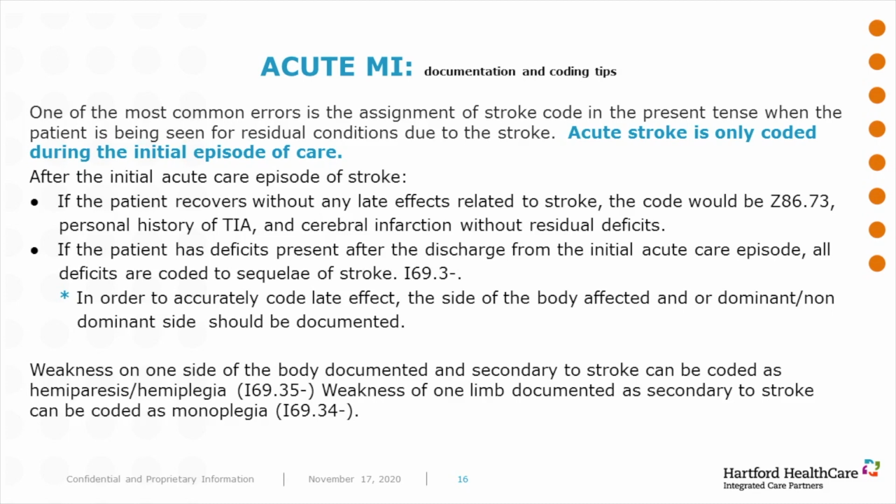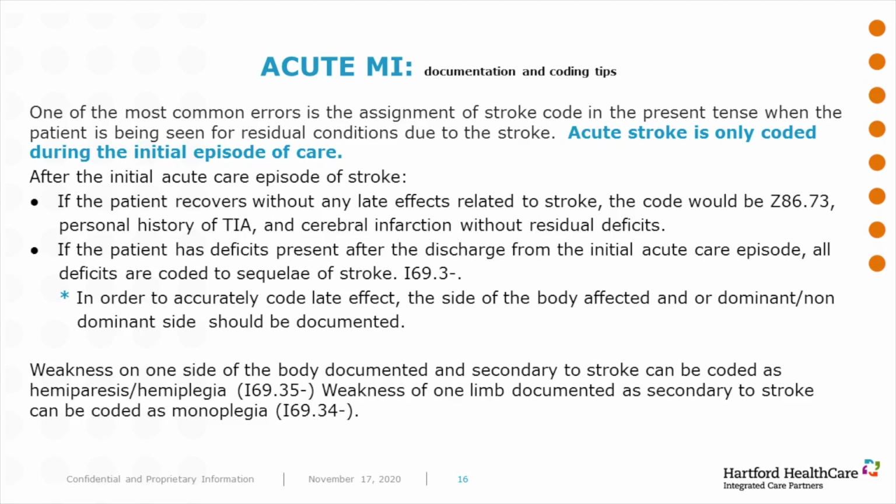Now, if the patient has deficits that present after the discharge from the initial acute care episode, all deficits are coded to sequela of the stroke, starting at I69.3, and the determination of the additional digits will include the late effect. Code the late effect; the side of the body affected and dominant or non-dominant side should be documented.